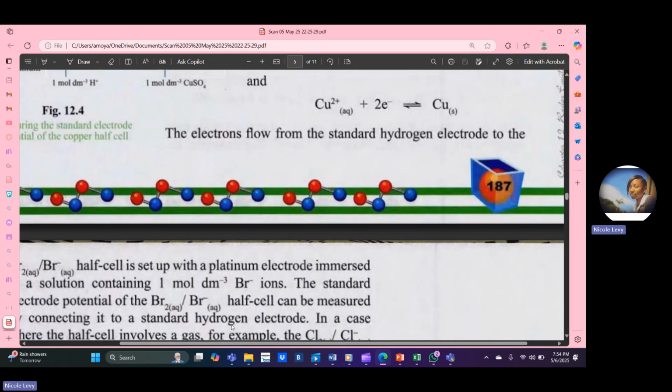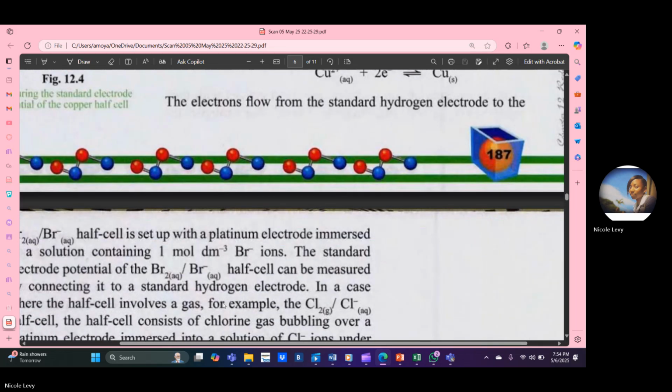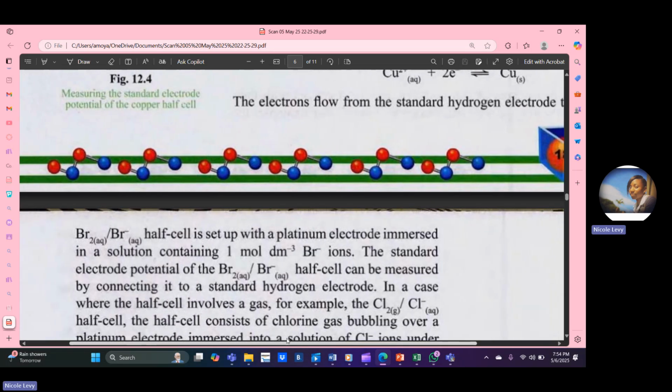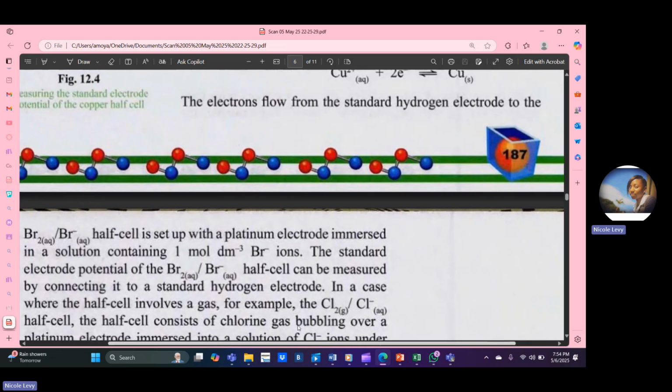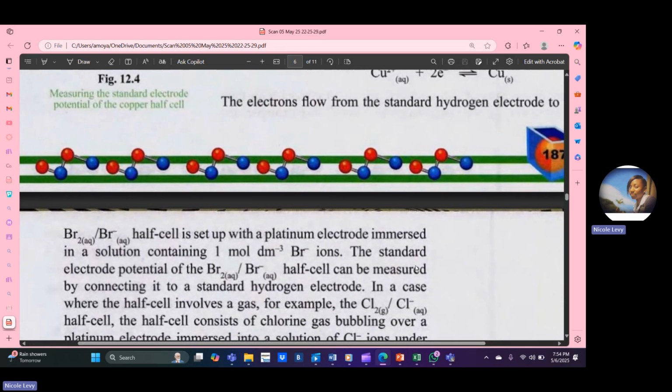So the electrons flow from the hydrogen electrode to the, hold on, give me a minute. I don't like how I copied that document at all. Where is it?